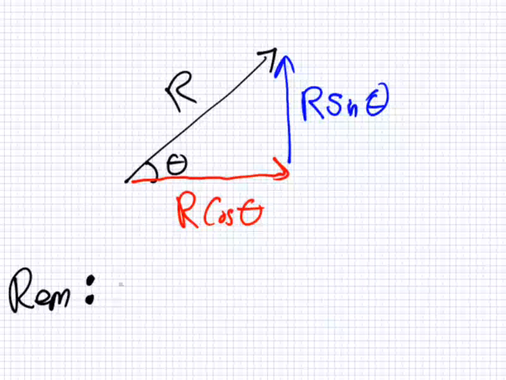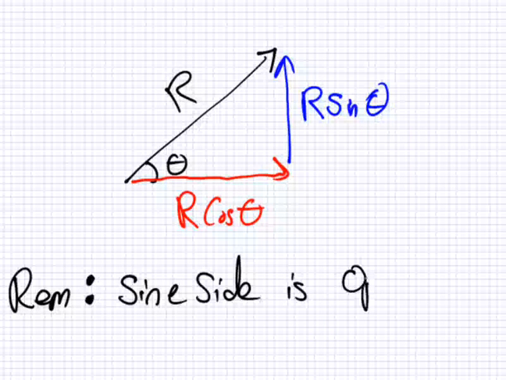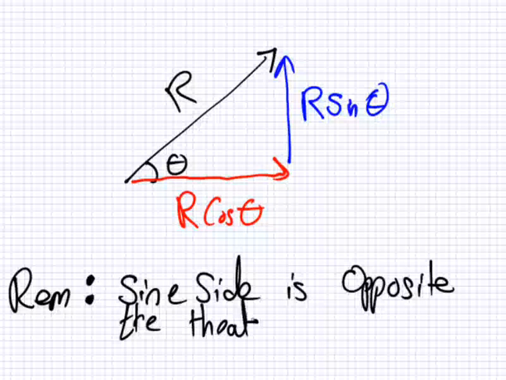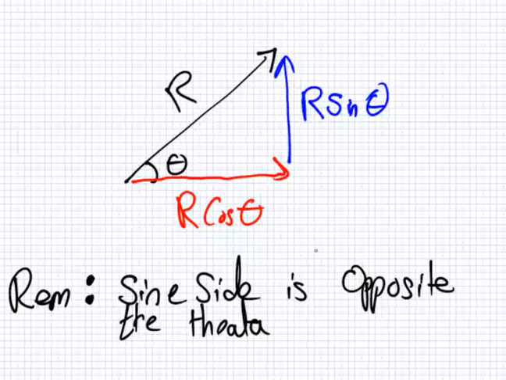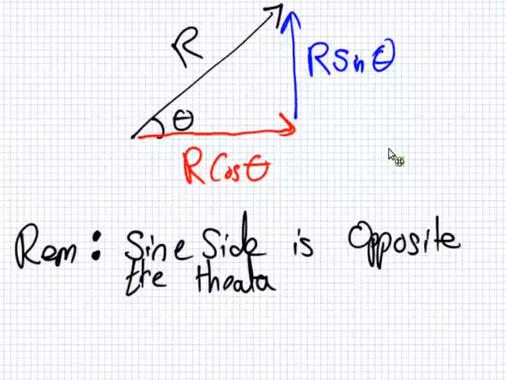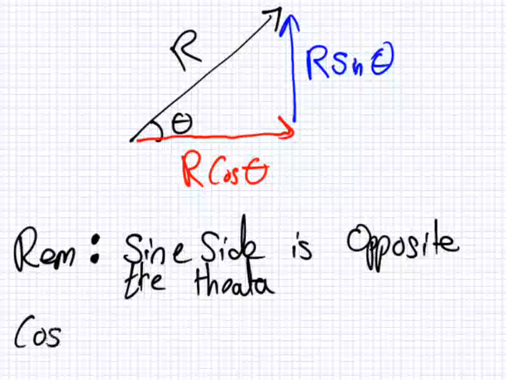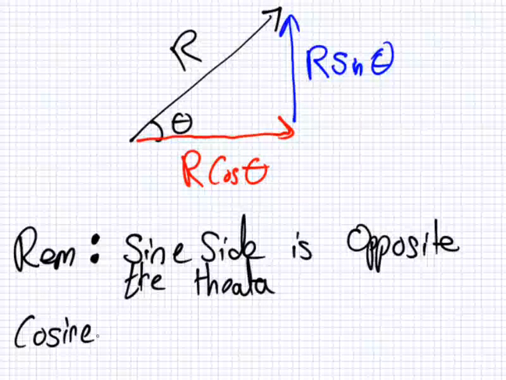Therefore the opposite is equal to OR multiplied by sine theta. Likewise, cos theta is equal to the adjacent over the hypotenuse, so the adjacent is equal to OR cos theta.